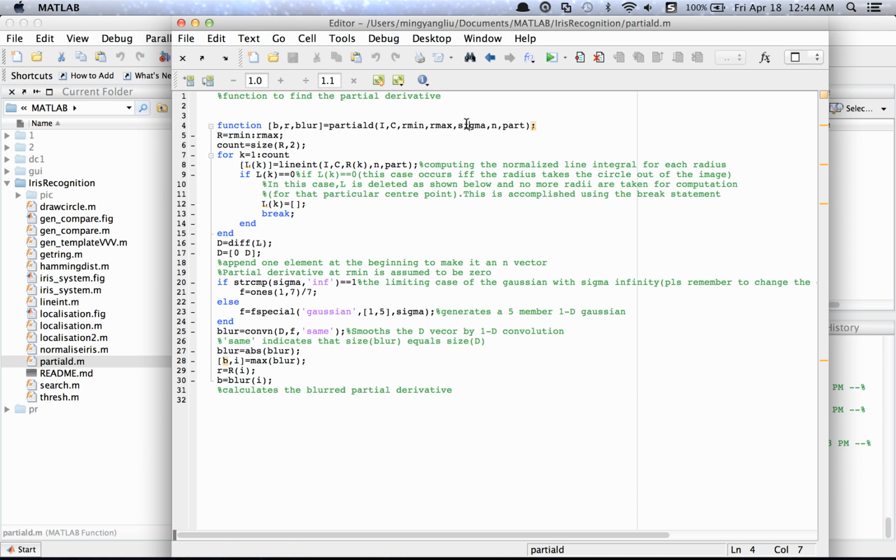Here it is used to store the standard deviation of the Gaussian. The output includes three parameters. The B is the max value of blur, and blur is just the finite differences vector, and R is the radius at maximum value of blur.